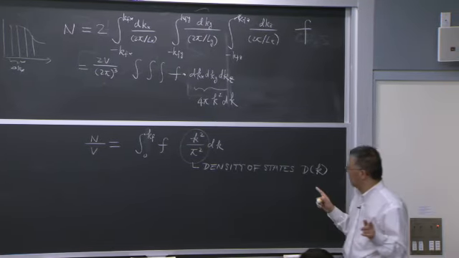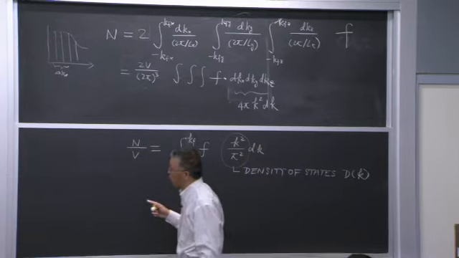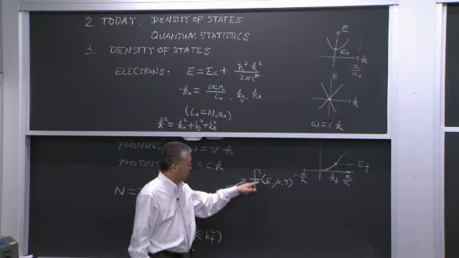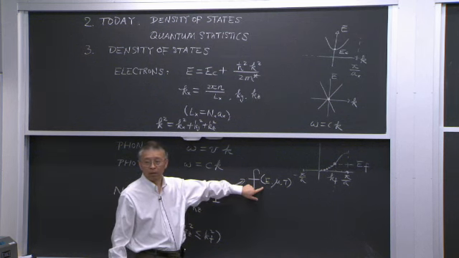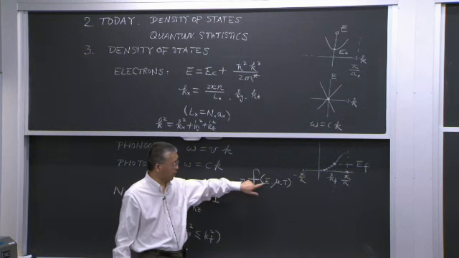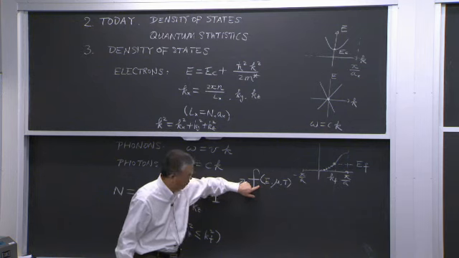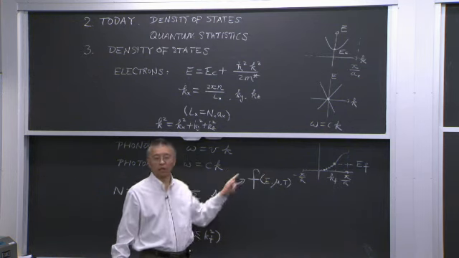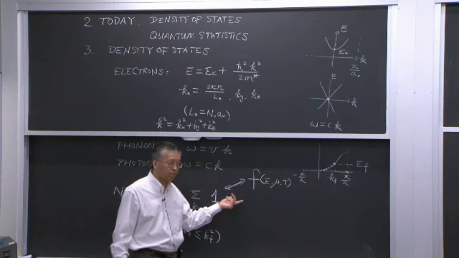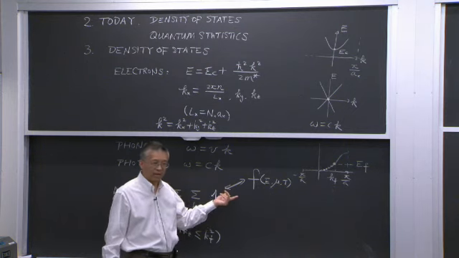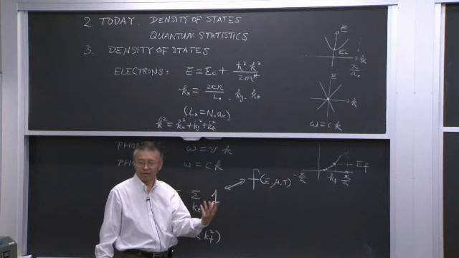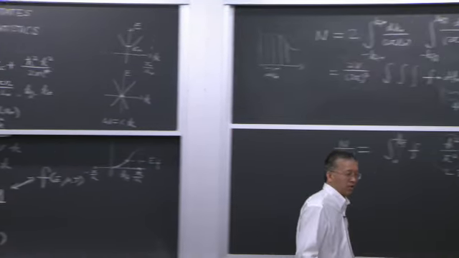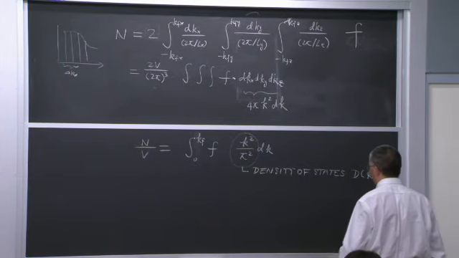But if you go back to what I alluded to, if my f is a function of E, then you have to make your choice whether you want to convert the E in this f into k, or convert that dk into a function of E. It's just your choice. There's no formula there. It's whatever is mathematically convenient for you.